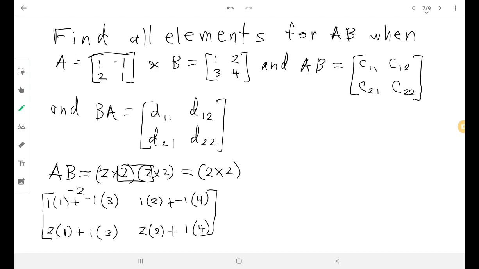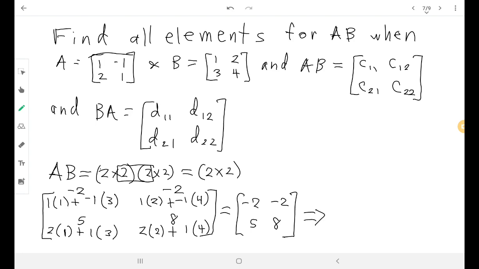That's 2 plus -4 is also -2. That's just a coincidence. 2 plus 3 is 5, and 4 plus 4 is 8. So we can write our matrix -2, -2, 5, and 8.